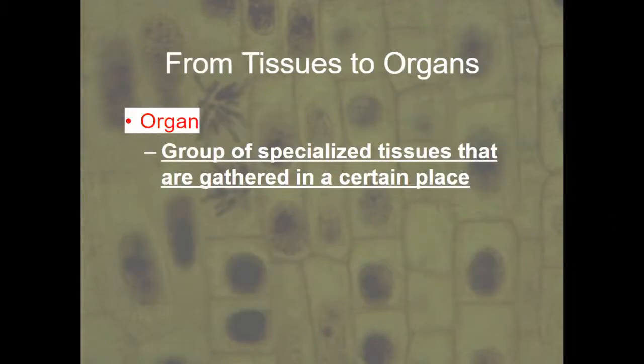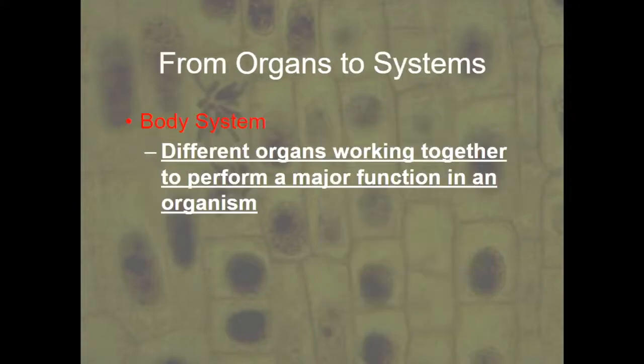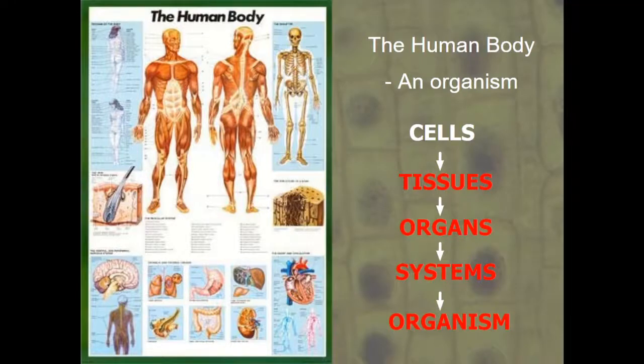Organs, write that and its definition down: a group of specialized tissues that are gathered in a certain place. And then body system: different organs working together to perform a major function in an organism. And I think that's all for those words.